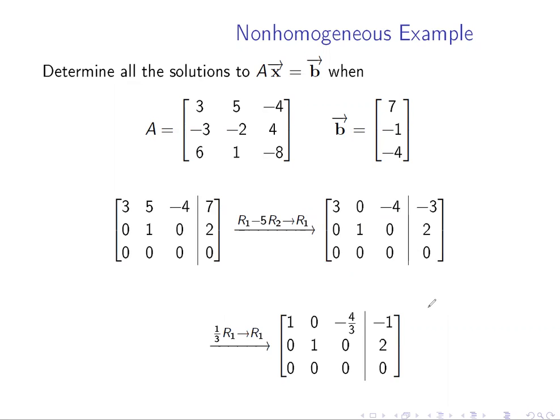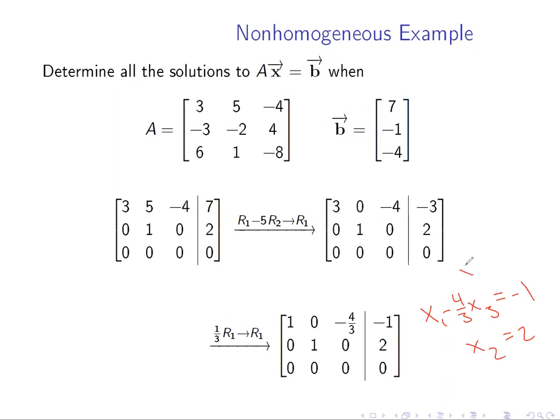What does this mean? Well, let's write this as an actual system of equations. Remember, this is going to be x1 minus 4/3 x3 equals -1, and then x2 equals 2.